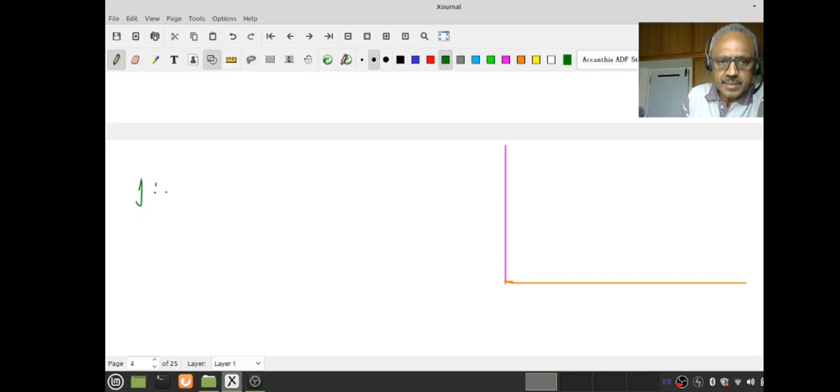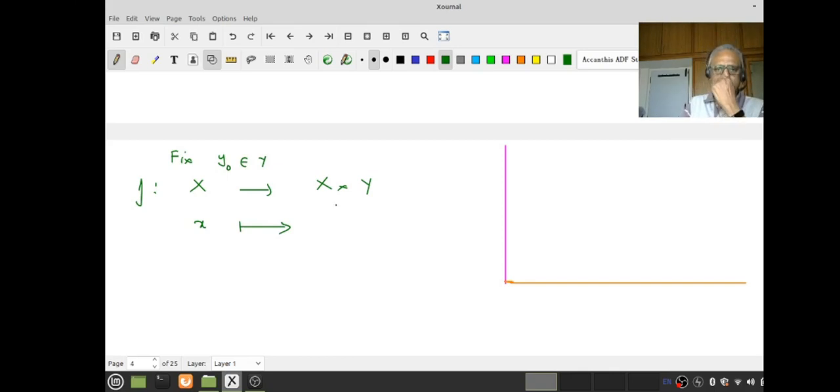Let J be the inclusion map of X to X cross Y. Fix y naught in Y. Give me an x, then J of x must be a point in X cross Y. Since y naught is fixed, the obvious choice will be (x, y naught). You follow that? So the image of J is nothing other than X cross the singleton y naught.